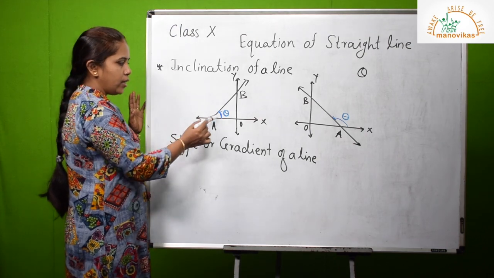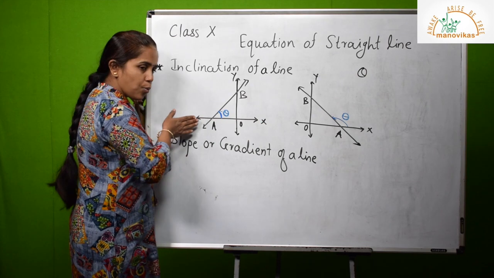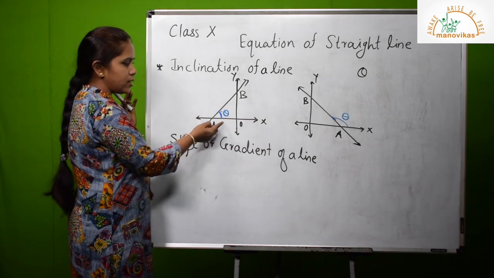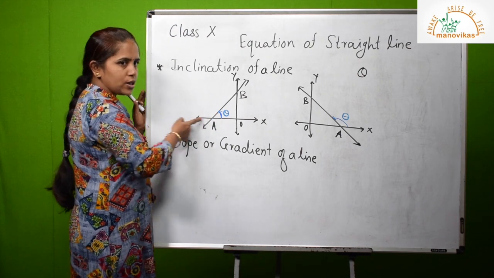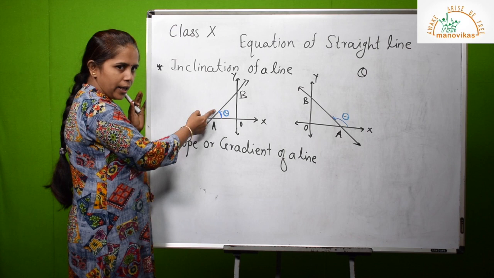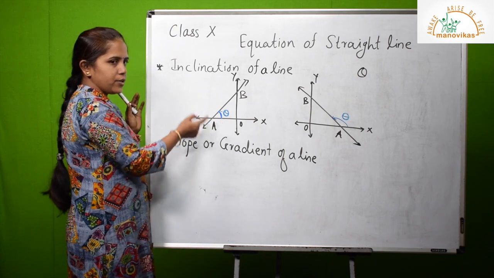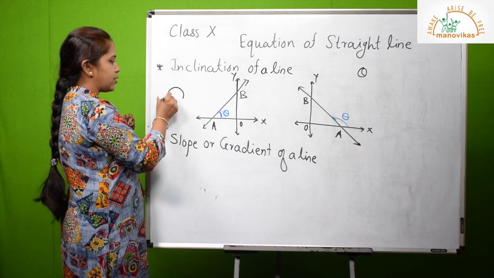Now here theta is measured from the positive direction of the x-axis. So theta is the angle between the positive direction of the x-axis and line AB, and it should be measured in an anti-clockwise direction like this.